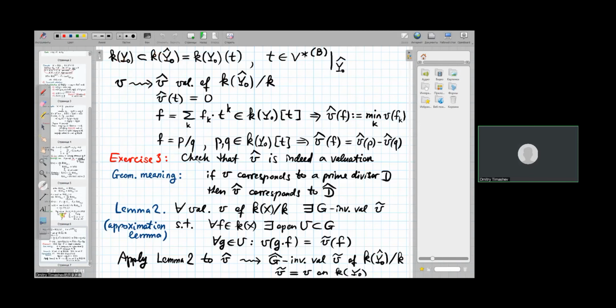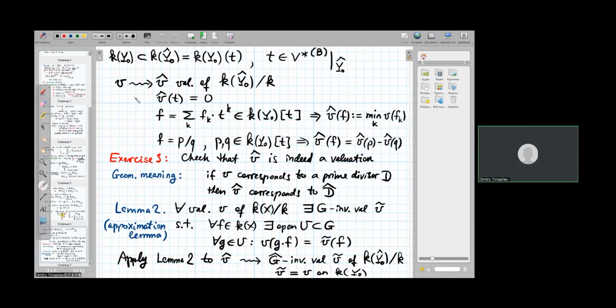But even more so, if we have a G-invariant valuation, maybe here I should write that it is G-invariant. I missed it somewhere. This approximation lemma did not require that the initial V. You are right, this approximation lemma is not about extension, indeed.